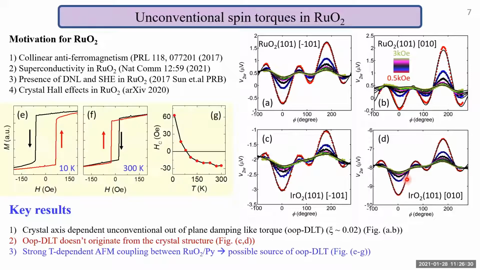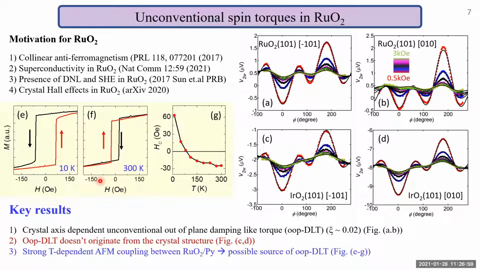Very recently, we found in our SQUID measurements inverted hysteresis in ruthenium oxide/permalloy samples. Generally what happens is that the forward loop comes as shown here, and the reverse loop comes later. But in this kind of material, we have inverted hysteresis, so the forward loop comes earlier and then the reverse loop. This is known as inverse hysteresis.